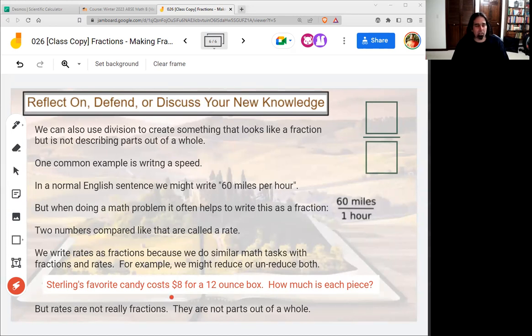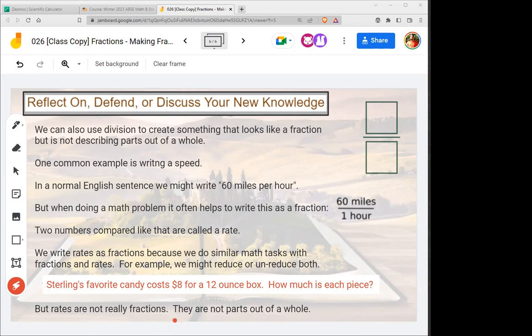As a hint, it's on the page at the top. We put like 8/12, right?